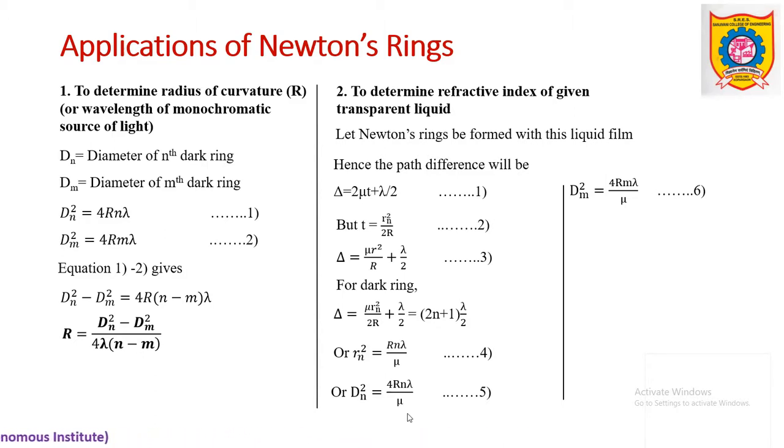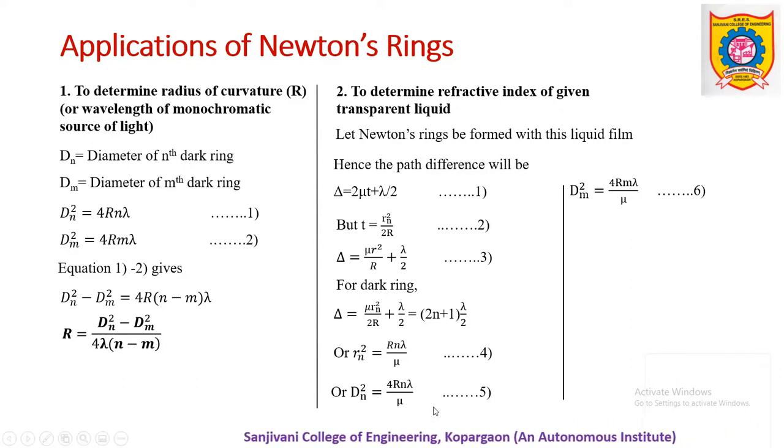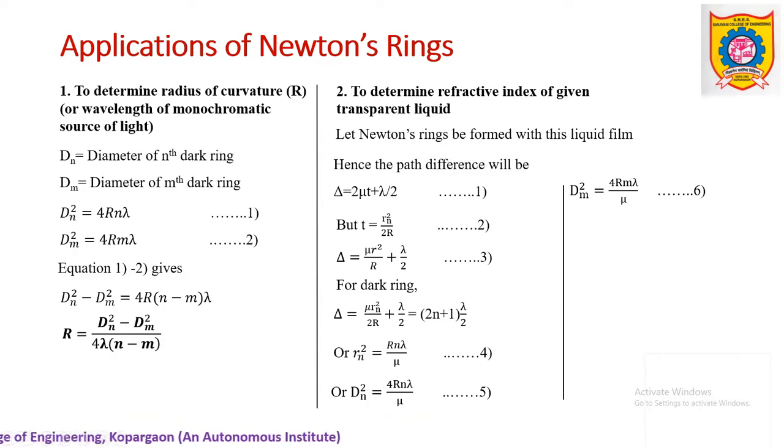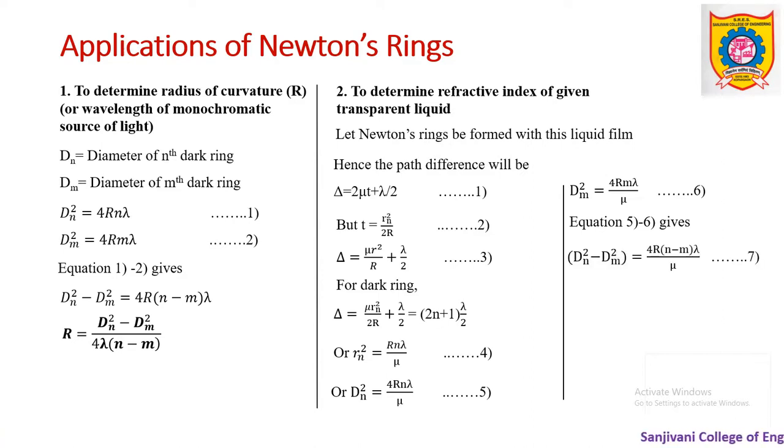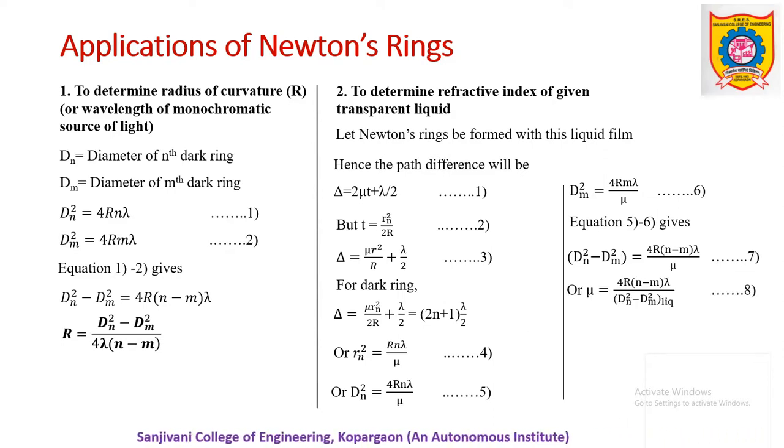But once again, it may lead to a wrong answer due to errors. To avoid that, let us compare equations 5 and 6. We take the subtraction, and equation 5 minus 6 gives dn square minus dm square is equal to 4R(n minus m) lambda upon mu, or mu becomes like this, given by equation number 8.